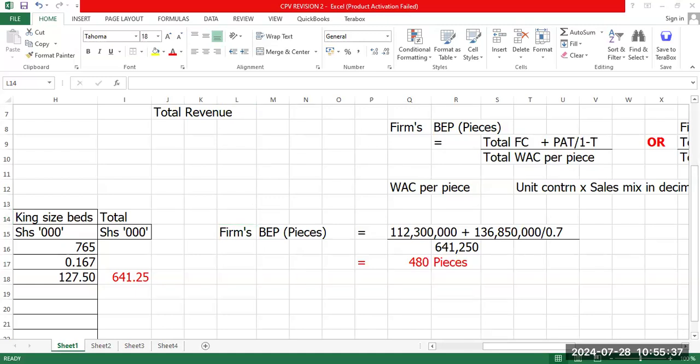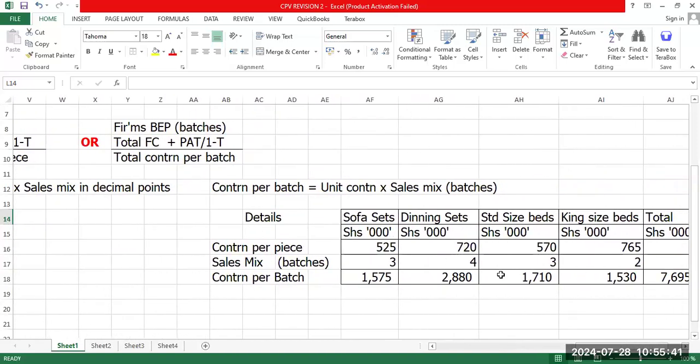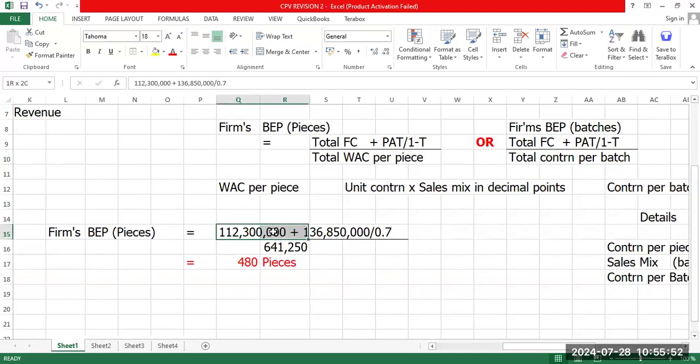Perfect. So for someone who has used this formula, the farm's break-even point in batches is equal to this. So we get everything here.